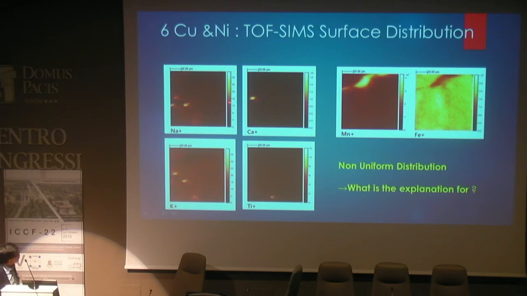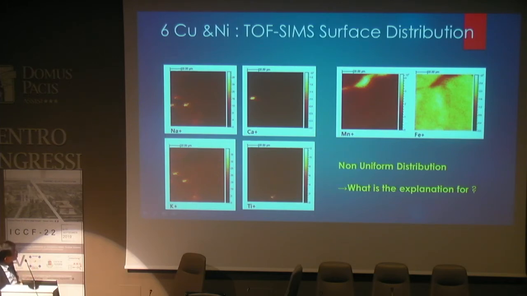You can see that the calcium spot is here and corresponds to sodium, and also we can see titanium and sodium correspond. And very strange, the manganese and iron distributions are reversed. So it is very strange, and very difficult to analyze what is happening. But it is necessary to get surface analysis data.